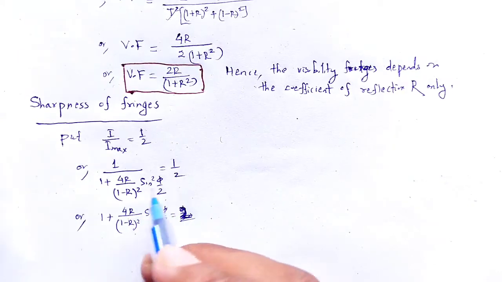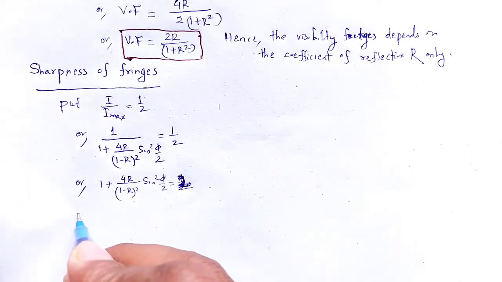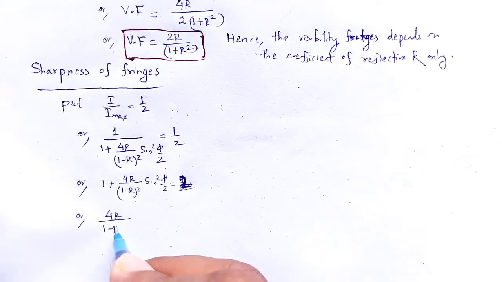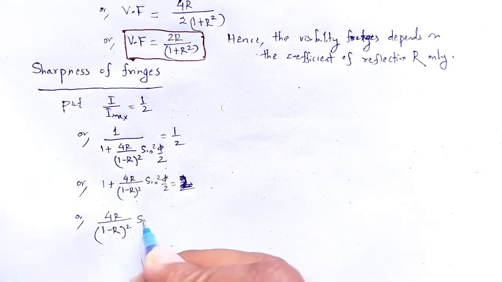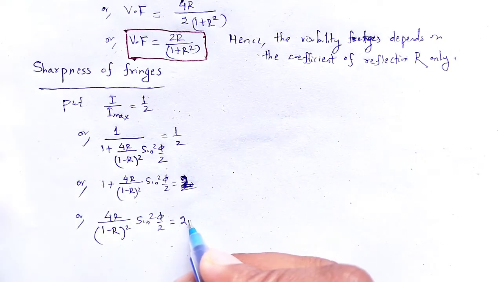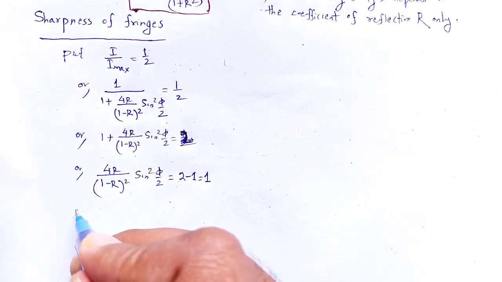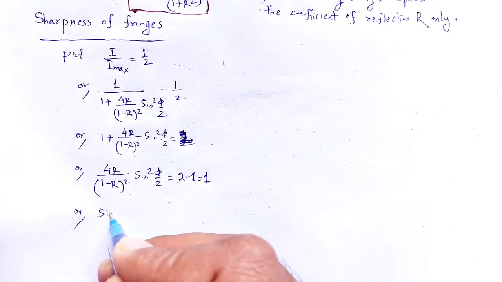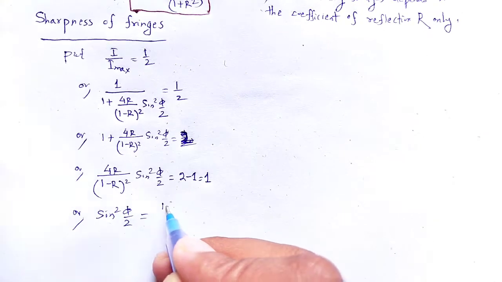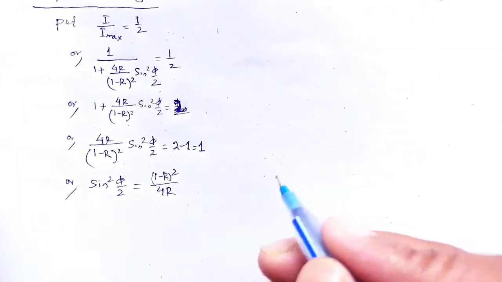Just equating the denominator on both sides, or 4r divided by 1 minus r square sin square phi by 2 is equal to 2 minus 1, which is 1, or sin square phi by 2 is equal to 1 minus r whole square divided by 4r.